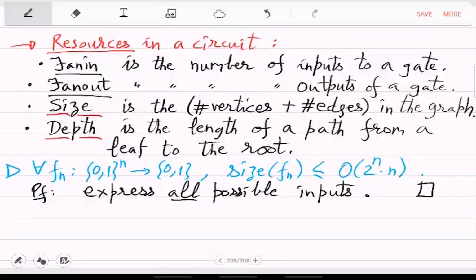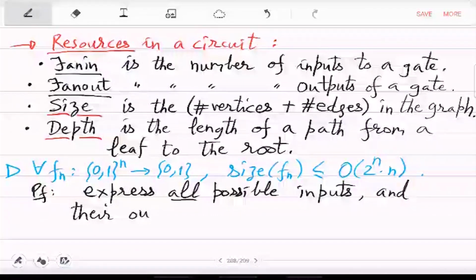So, every Boolean function has size just 2 raised to n times n, and the proof is simply by expressing all possible inputs and their outputs using the gates.